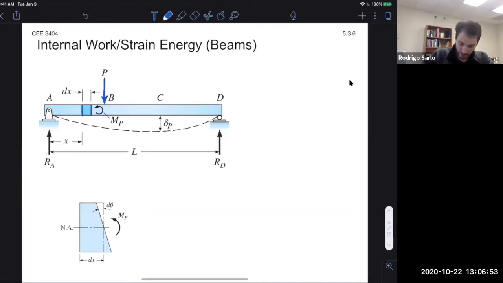So if I zoom into dx over here, all right, I will see that internal moment MP, due to the stresses developed across the cross section of that infinitesimal element, is going to cause the face, the cross section, to rotate, like you see there, by an angle d theta. Okay.